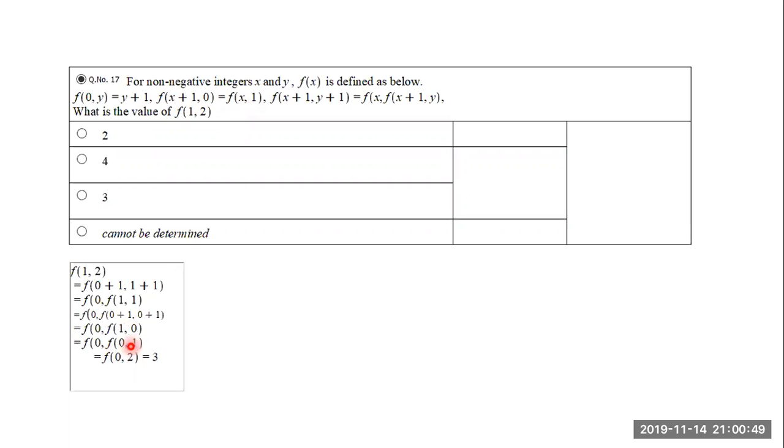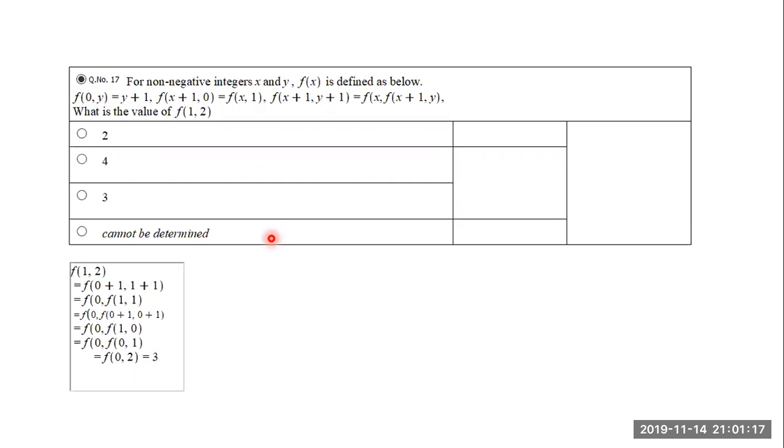And what is f(0, 1)? f(0, 1) is y plus 1, 2. Right? So f(0, 2), and therefore I have just put it as 3. Right? Is it clear? Okay. I have substituted 2 times this, 1 time this, and last time this. Remember this. Right?